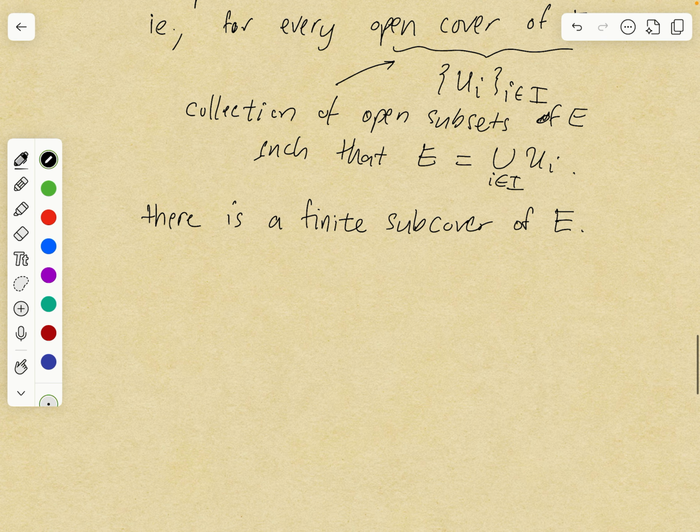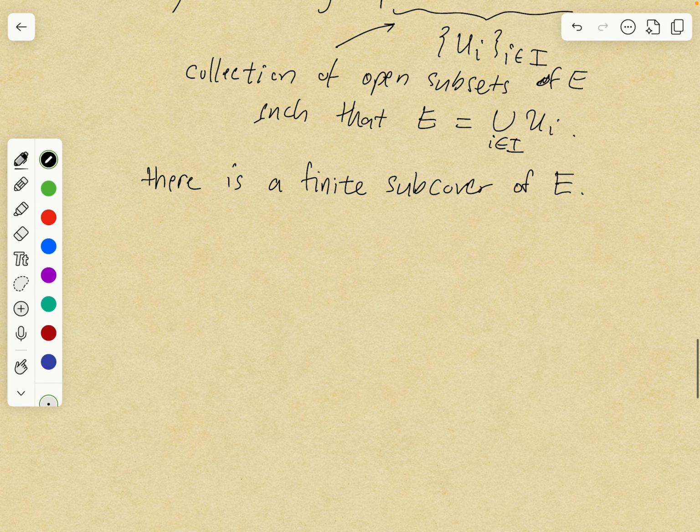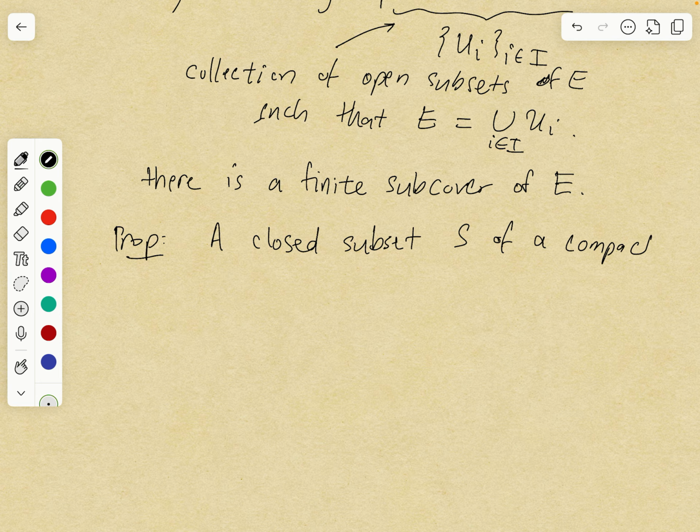So we will look at some examples of compact metric spaces later, but let's prove this proposition that a closed subset S of a compact metric space, say E, is compact.